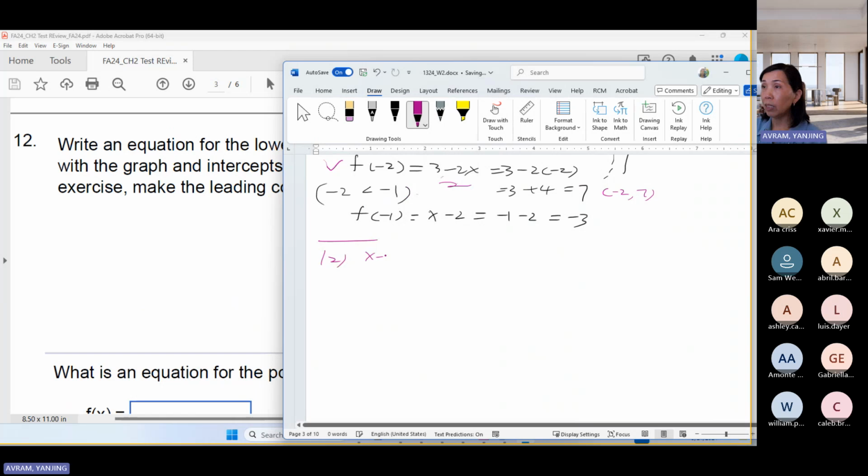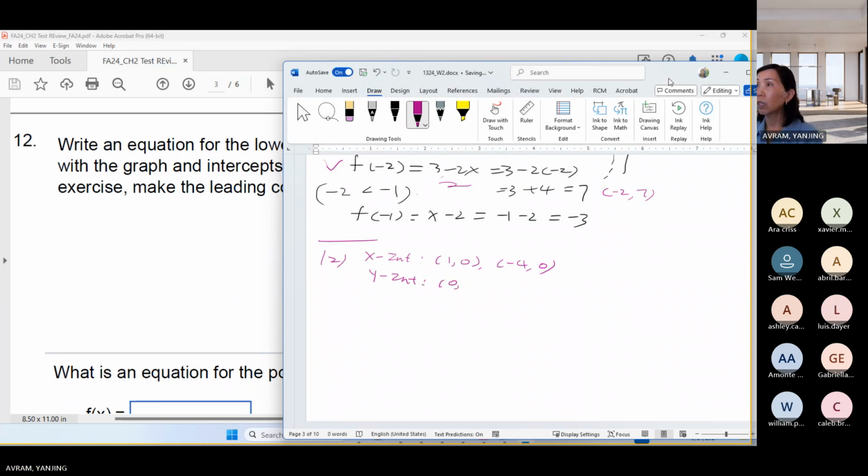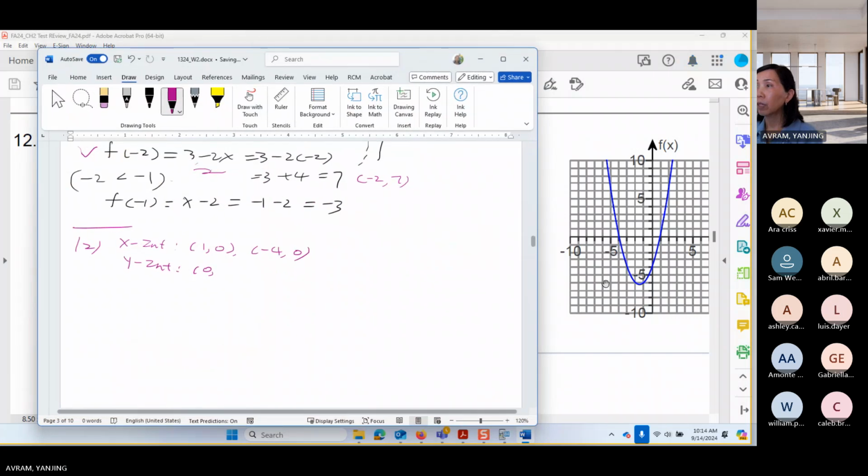All right, so we have an x-intercept, and then we also have a y-intercept. How much is that? We said earlier this is negative 4.